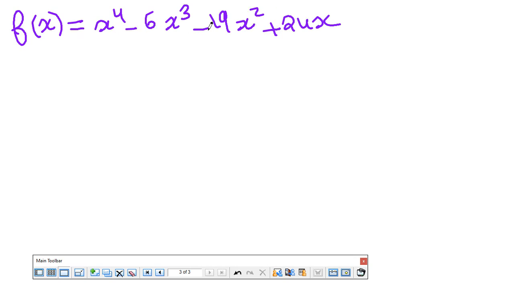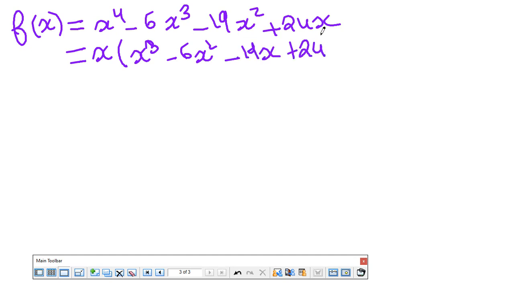And I can notice that I have a common visible factor between the terms, it's x. So I can factorize first, so I can write it's equal to x times (x3 minus 6x squared minus 19x plus 24). This form is called factorized.